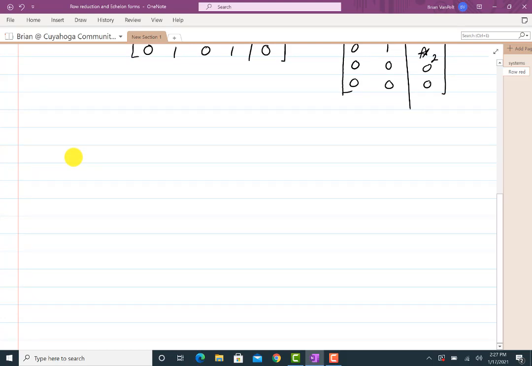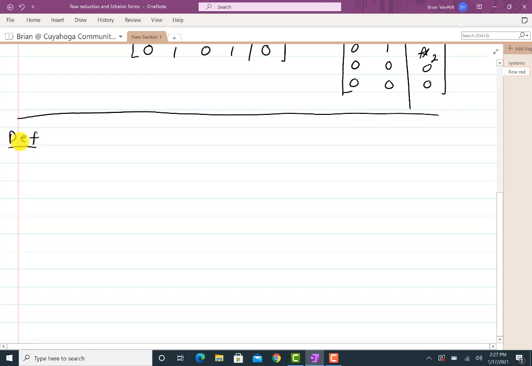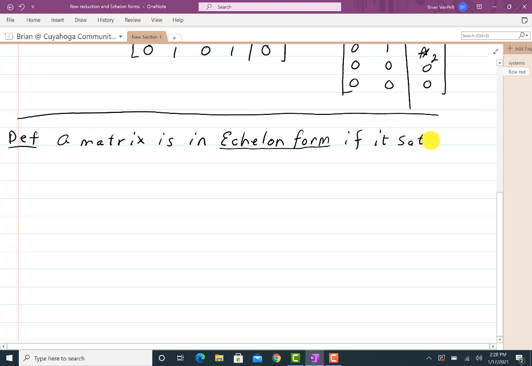So let me write down some definitions. Let's start with something called an echelon form. So a matrix is in echelon form if it satisfies the following.